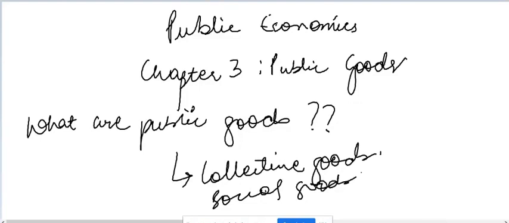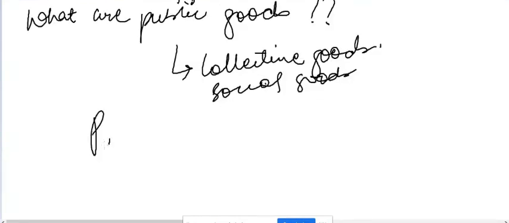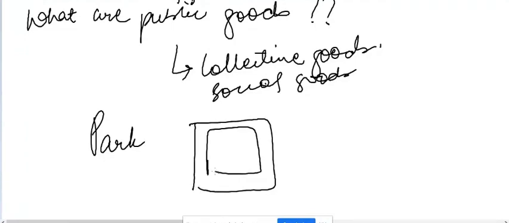Let's consider the example of a park. I have a park, and every day there is this person who comes into the park and jogs around the park. If another individual joins him for jogging, does it reduce the consumption of the first individual?